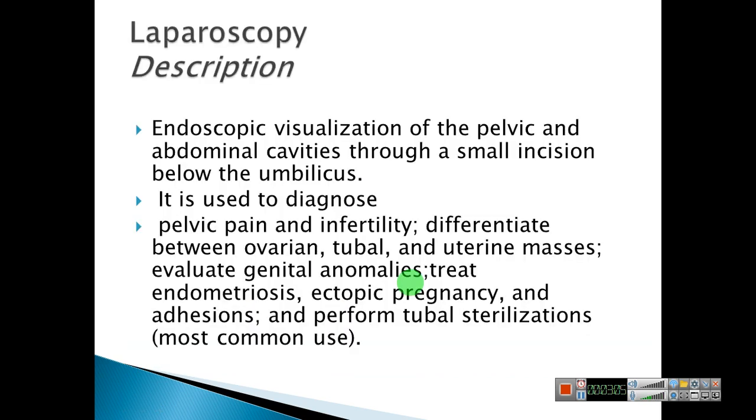Laparoscopy description: endoscopic visualization of the pelvic and abdominal cavities through a small incision below the umbilicus. That laparoscopy is used to visualize or to see the abdominal cavity through a small incision below the umbilicus.